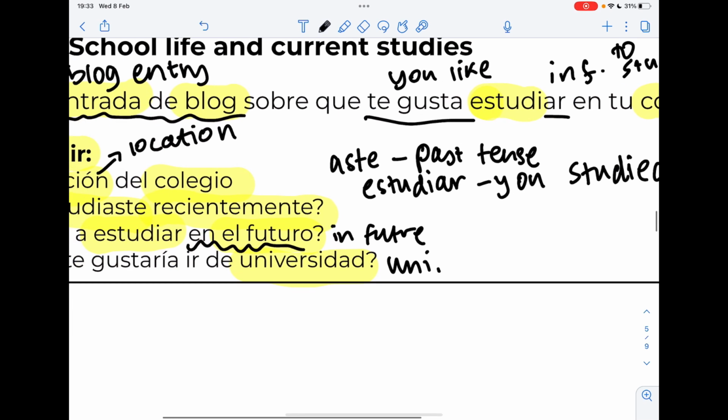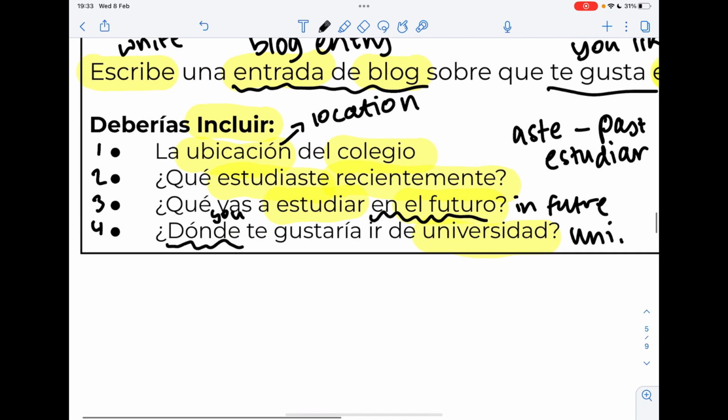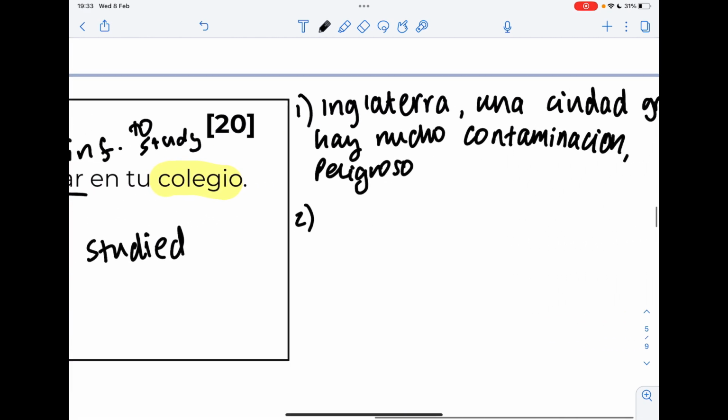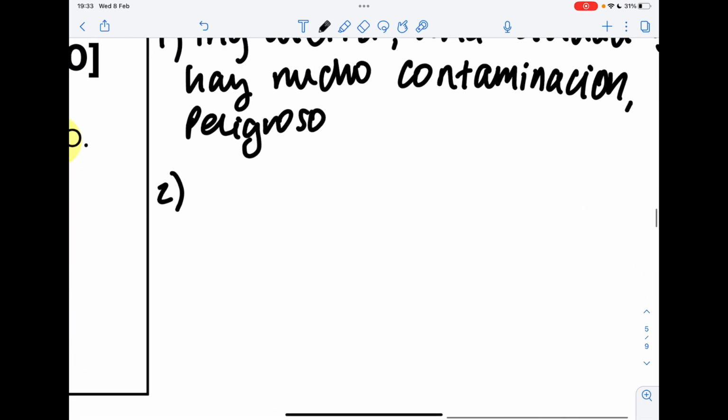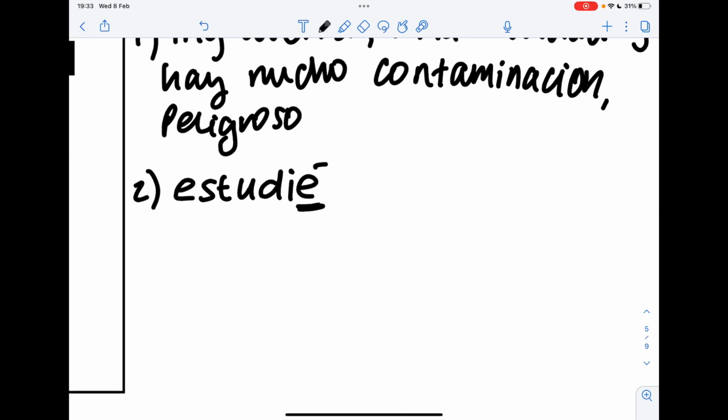Then for number 2, it says, que estudiaste recientemente, so what you studied recently. So I'm going to be using the verb estudié, I studied. Because don't forget that E with an accent there changes it to the past tense. Specifically, I believe it's the imperfect. So, estudié español.